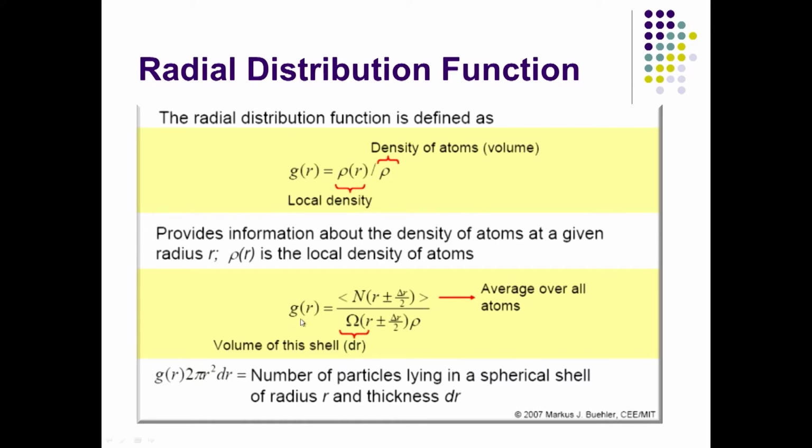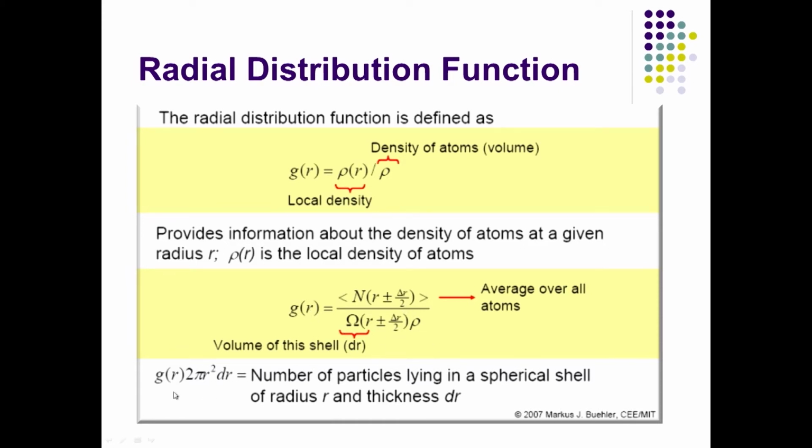So, if you look at g(r), you can also define it in terms of the average number of atoms that I am finding in a shell, which is r plus minus delta r by 2. And then we are also looking at the volume of this shell, and so I am looking at the number density at a certain distance r.